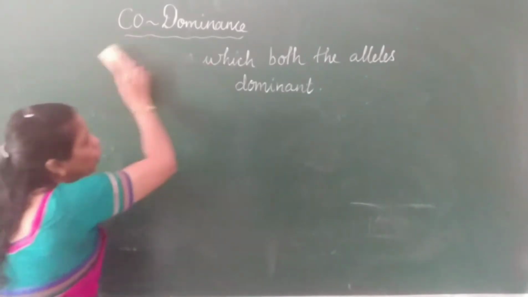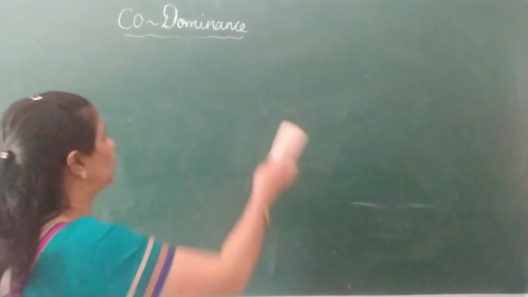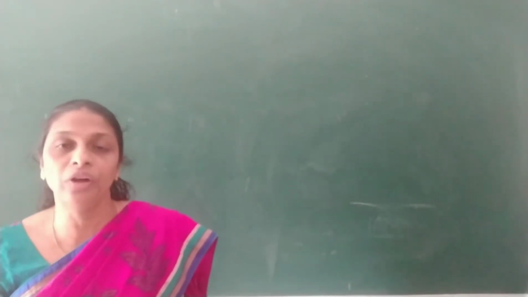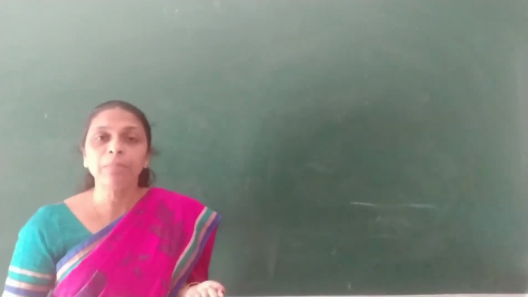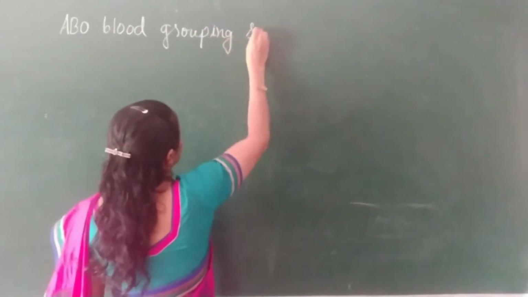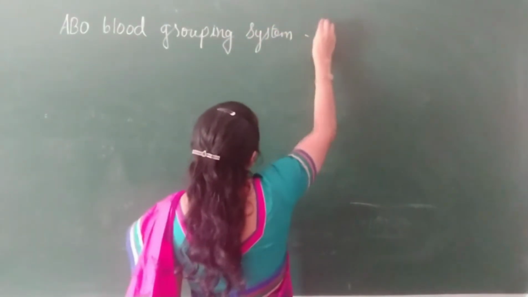Now let's see what this condition is. The most common blood grouping system which is found in human beings, which we follow, is the ABO blood grouping. This ABO blood grouping system was explained by Karl Landsteiner.